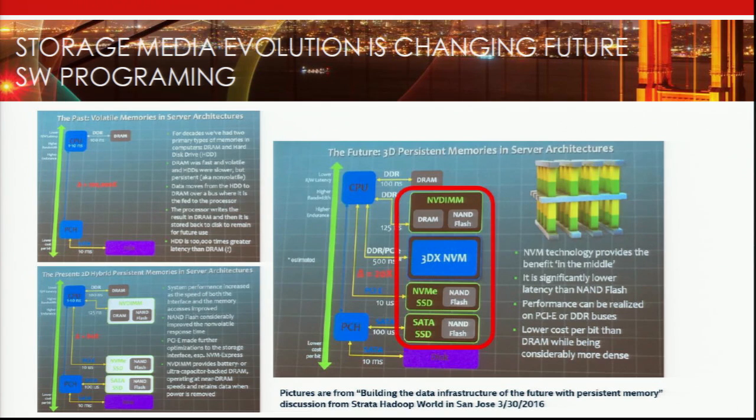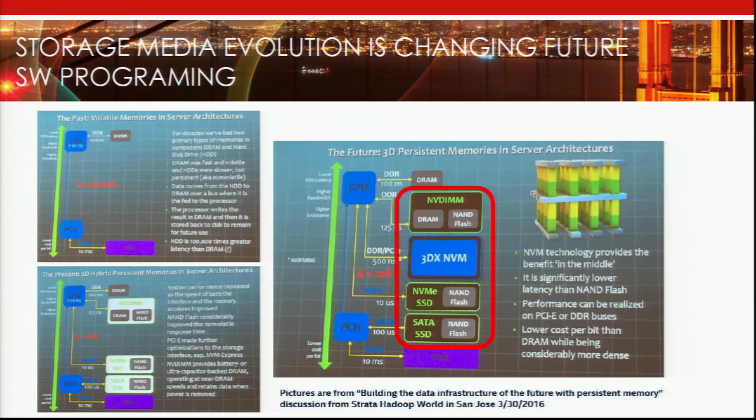It shows how the vertical memory hierarchy is starting to build up. In older days, we only had DRAM and HDD, with 1,000x, 100,000x differences in speed.